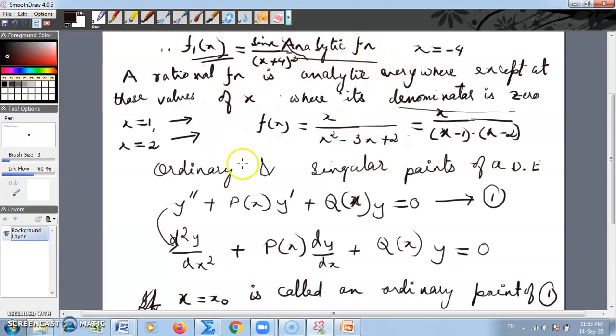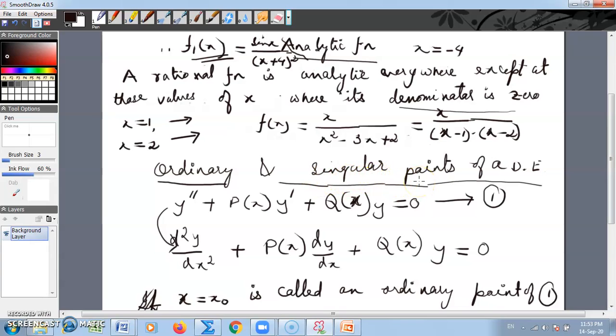Why I am using this particular definition is because it will be used in our main aim, that is to find ordinary and singular points of a differential equation. So we come back to ordinary and singular points.